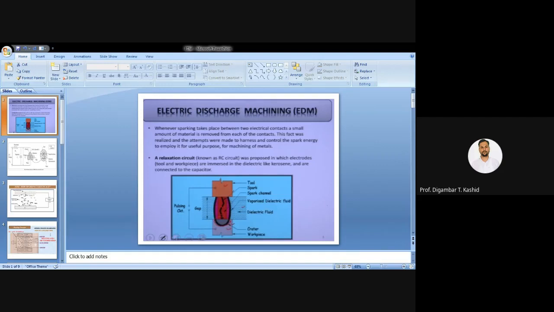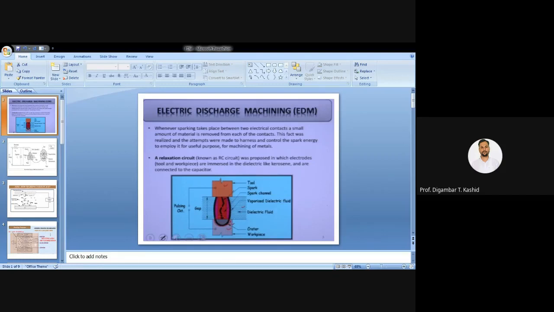Here you can see in this diagram, which I have shown in this slide, we are applying electric energy. That means we have the DC power supply and the pulsing circuit. You can see here this one or this one. Yesterday I was showing this diagram; today I came with this diagram also, for better understanding.